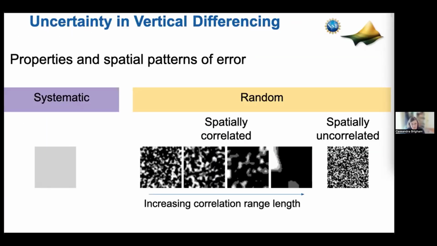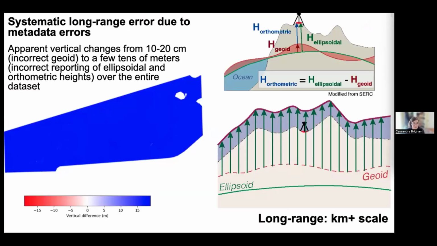So we're going to go, again, from systematic to these very small scale, spatially uncorrelated errors, but show you LiDAR pieces of what this might look like. So systematic long-range error that we find in LiDAR typically looks like this.